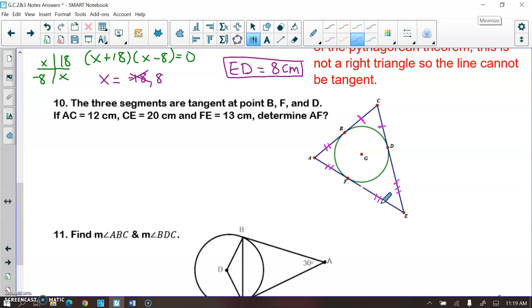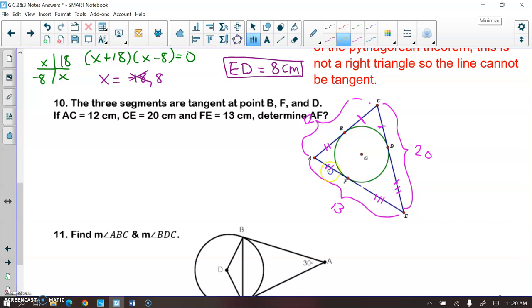Now I know AC is 12. And I know CE is 20. And I know FE is 13. And I want to determine what AF is.